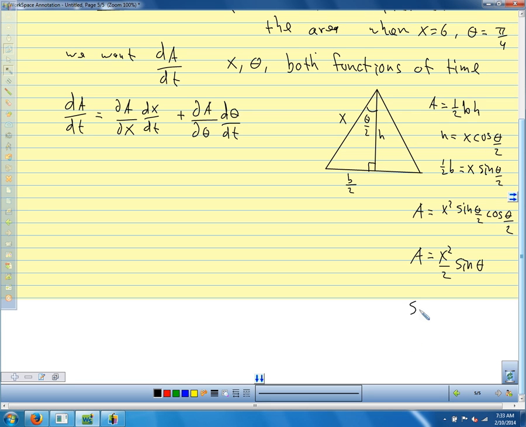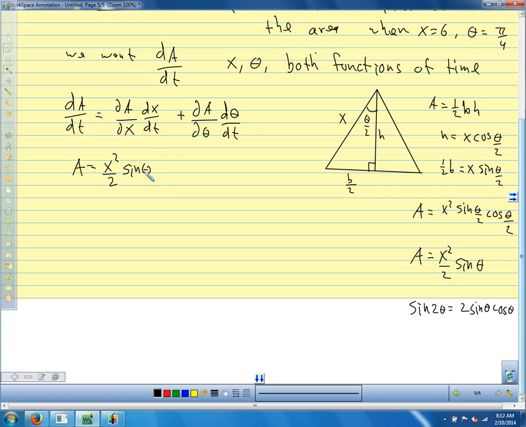I'm using the identity sine 2 theta is 2 sine theta cosine theta. All right, so now we know that our area equals x squared over 2 sine theta, and we're all set. Now we just need to substitute in.